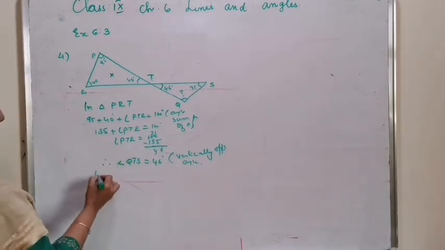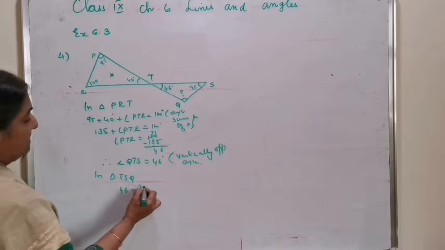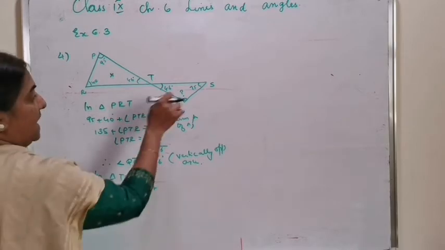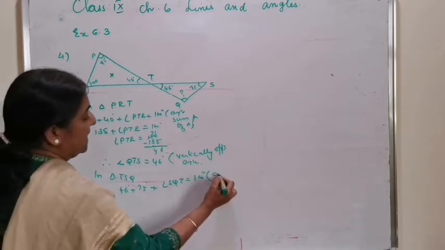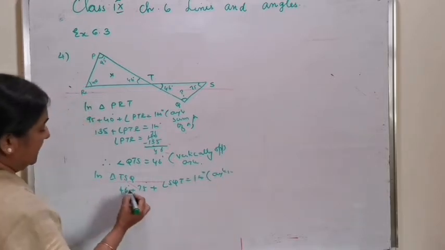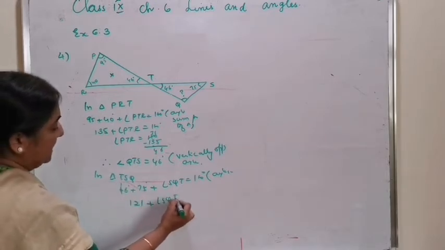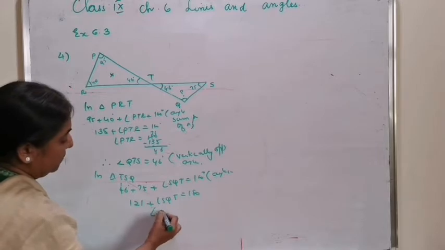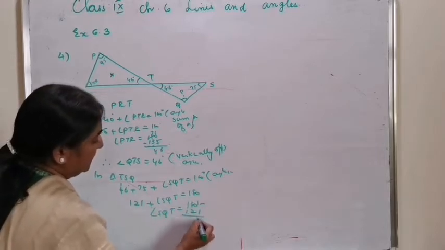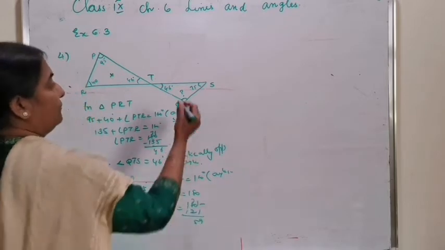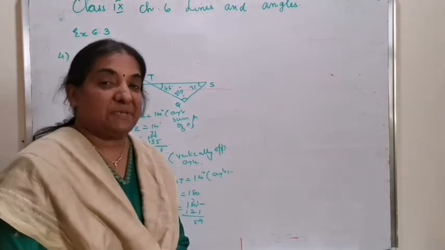Again you can apply the angle sum property in triangle TSQ: 45 degrees plus 75 degrees plus angle SQT is equal to 180, that is 121 plus angle SQT is equal to 180, or angle SQT is equal to 180 minus 121, which is equal to 59 degrees. The reasons have to be very, very specific.